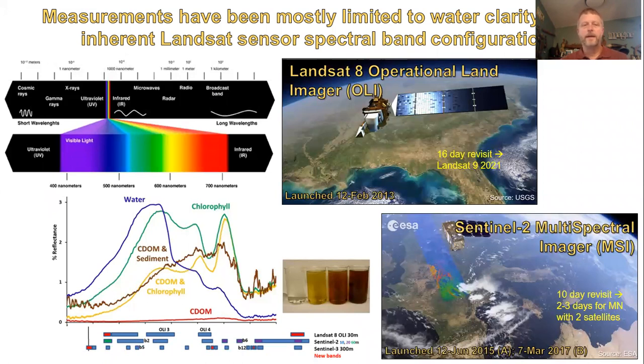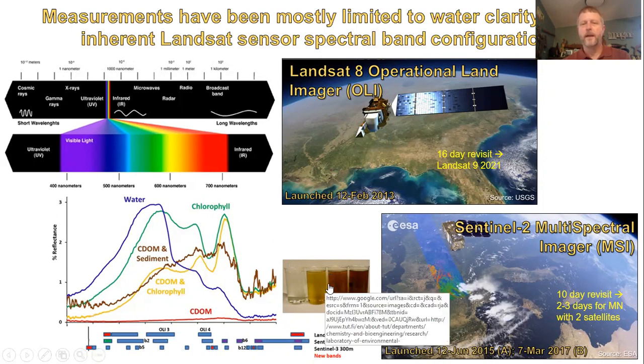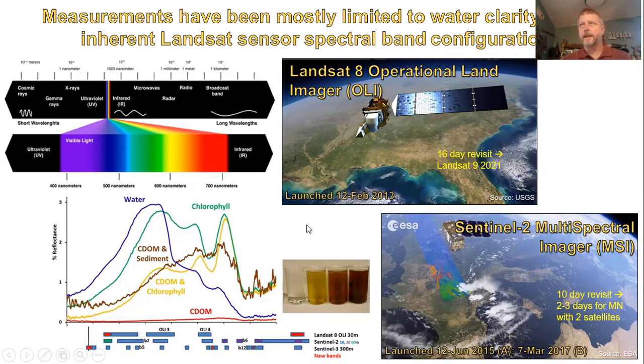So there's a lot more data these days, a lot better data, and it provides a new opportunity to look at not only water clarity, but also the factors that control water clarity, things like chlorophyll, colored dissolved organic matter, the brown stuff in water, in the picture down here, and then things like suspended material as well, not algal stuff.